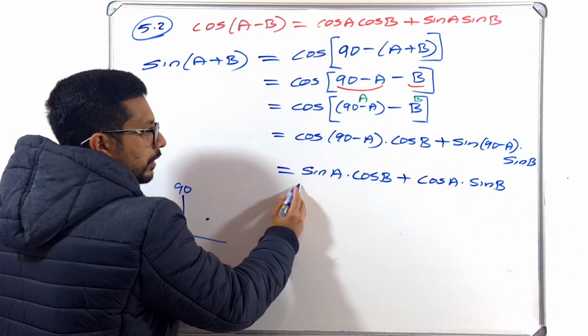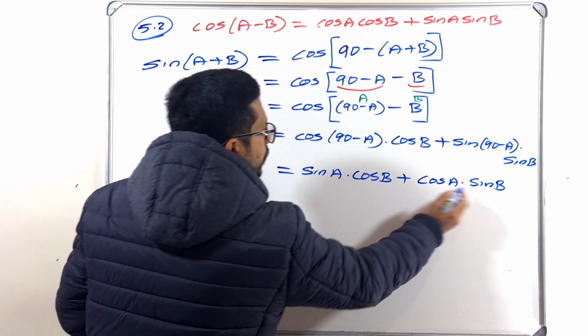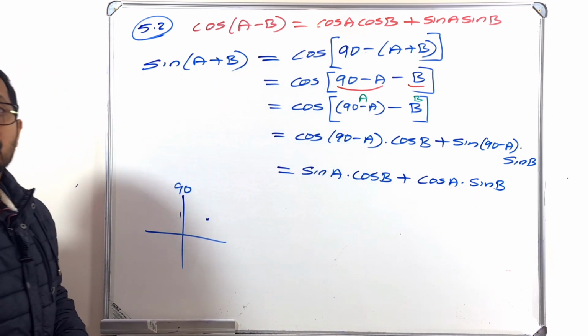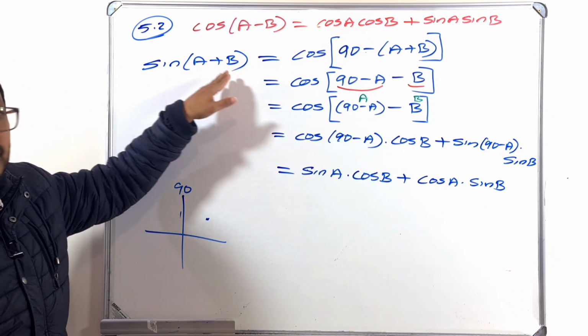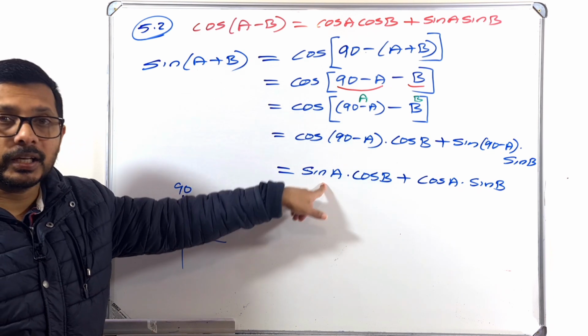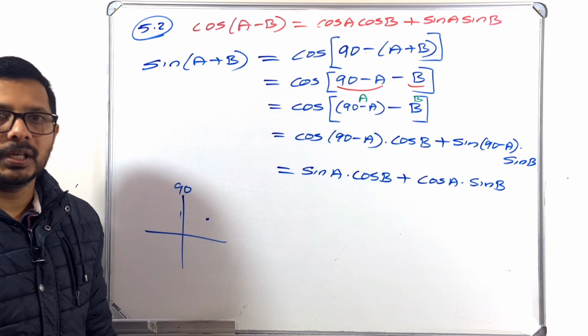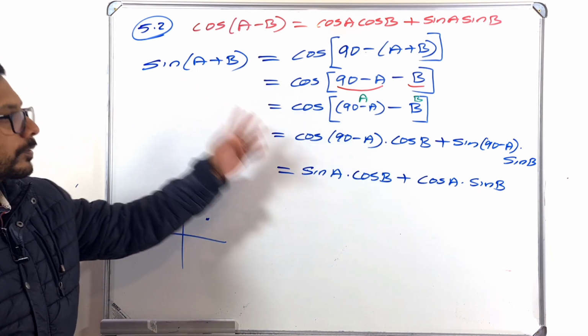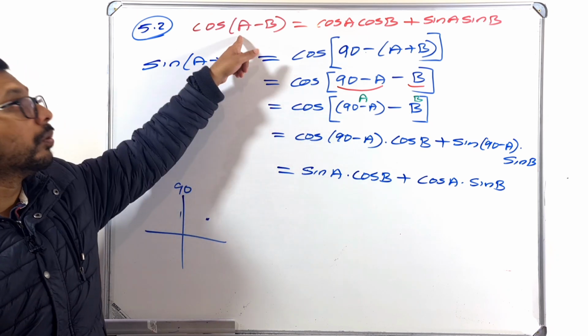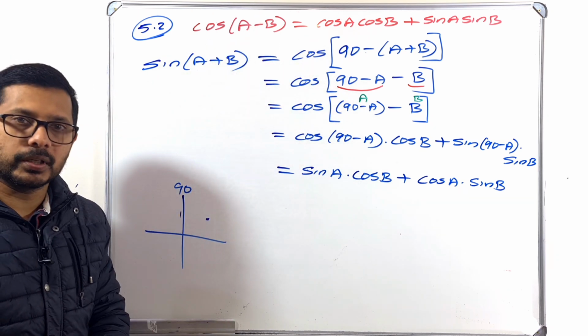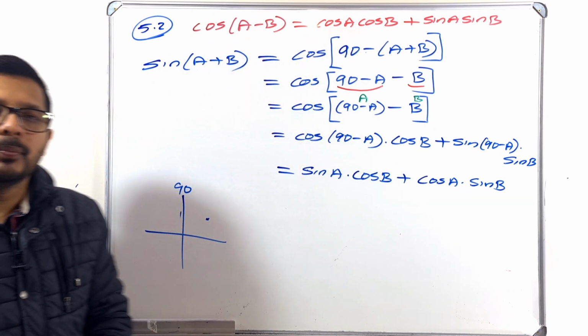So look at this one, sine a cos b plus cos a sine b. Do you know the expansion for the sine of a plus b? That is this one, and that is how you got the expansion using this cos of a minus b equation. Okay, so that is question number 5.2.